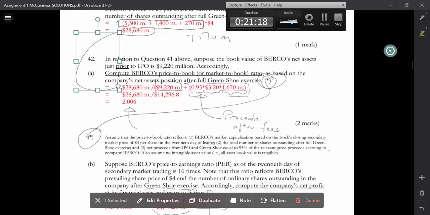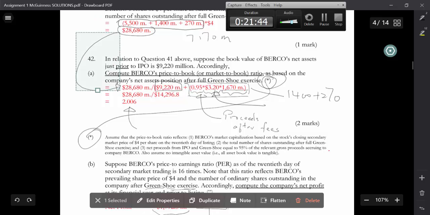And then after the IPO, this is the amount of new money that is raised. 1,670 is equal to, as you must realize by now, 1,400 plus 270. So you multiply that by the IPO share price, that's the amount of money that's come in. However, 5% has gone to all the brokers, lead managers and iBanks. So you actually only get to keep 95% of the proceeds.